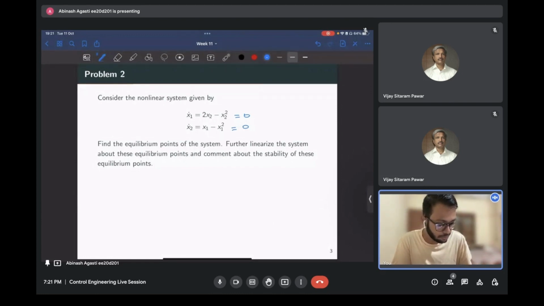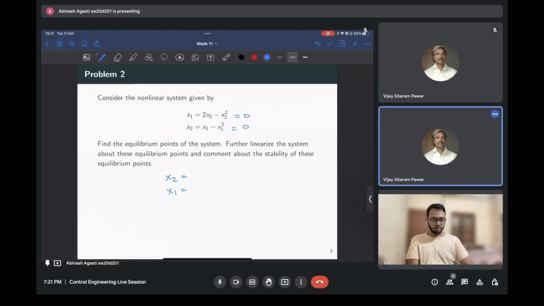So can you help me with what the equilibrium points are? x2 is equal to, and x1 equal to, from these two equations. 0, 0 is one possibility, yes. What are the other ones?